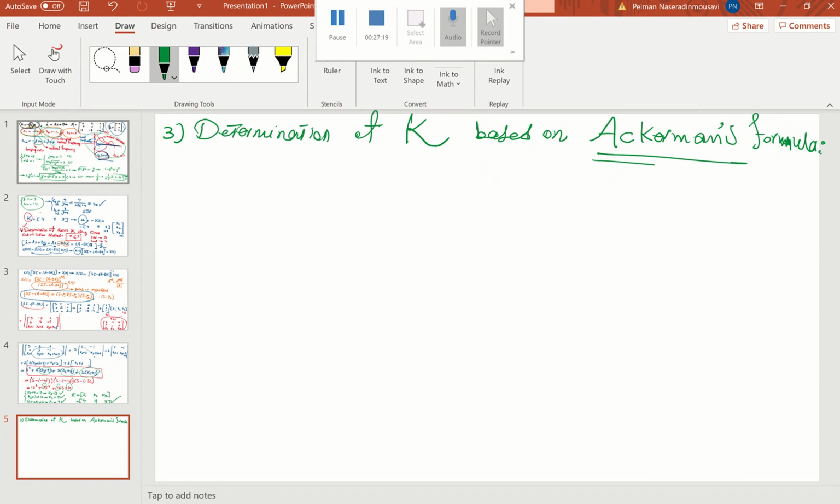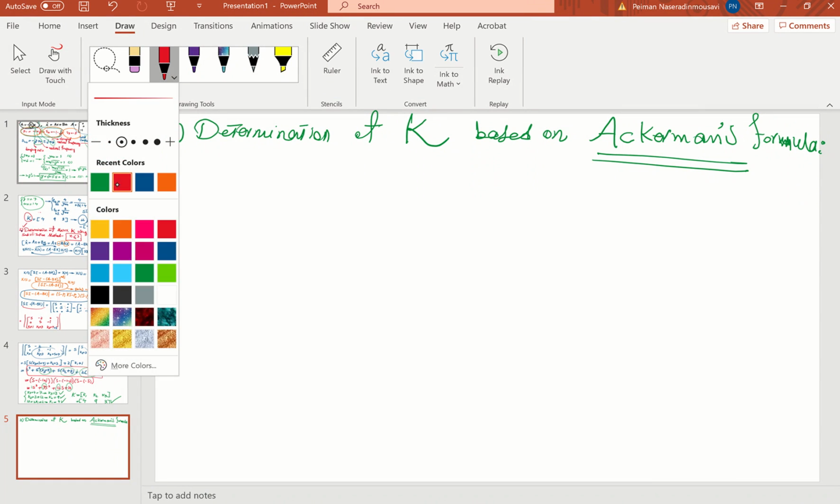Ackermann. Okay, these are interesting, guys. Ackermann formula is this, guys. This is how we calculate that.